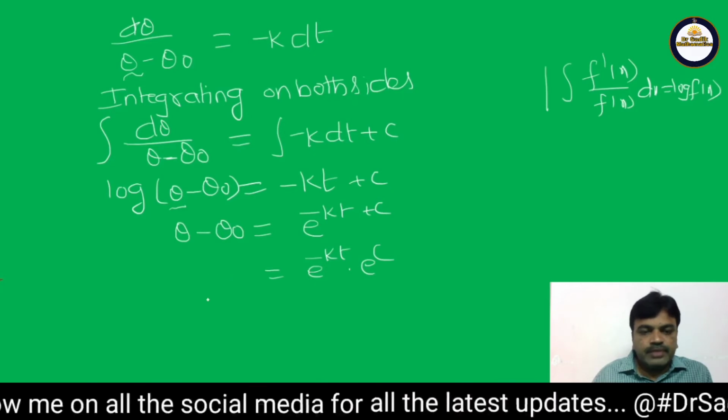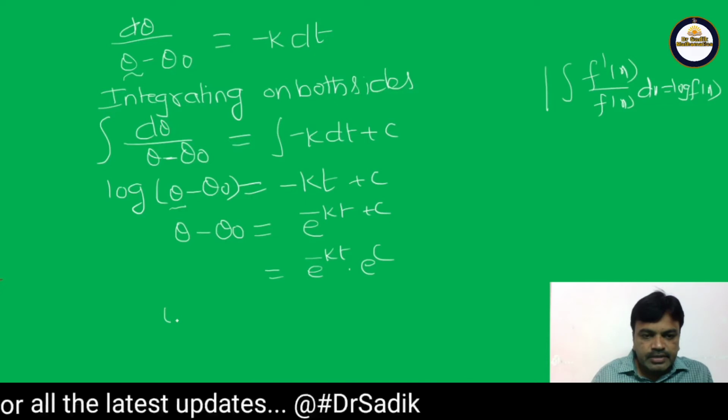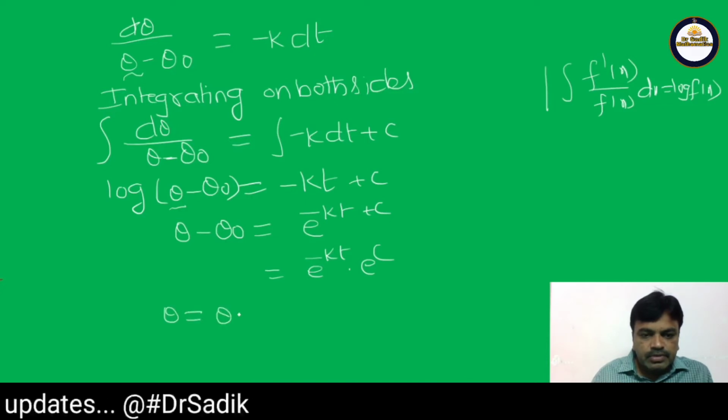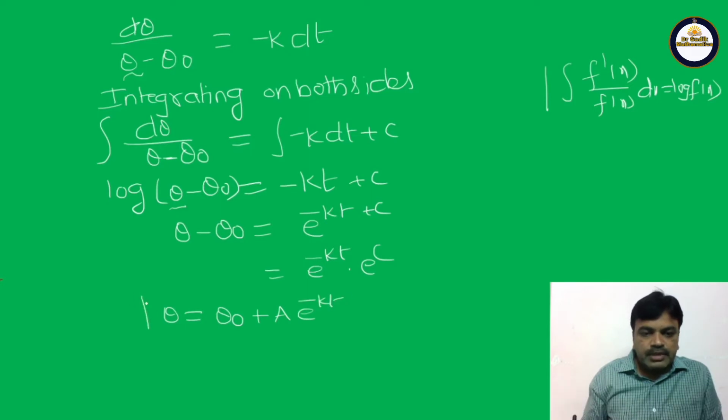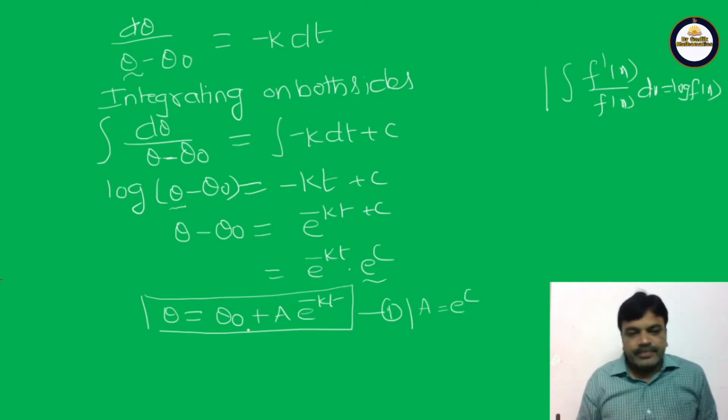In the next step I transpose this θ₀ to the right-hand side, so that we get θ equal to θ₀ plus A into e power −kt. So this is equation 1, friends. What about this A? A is equal to e power c.